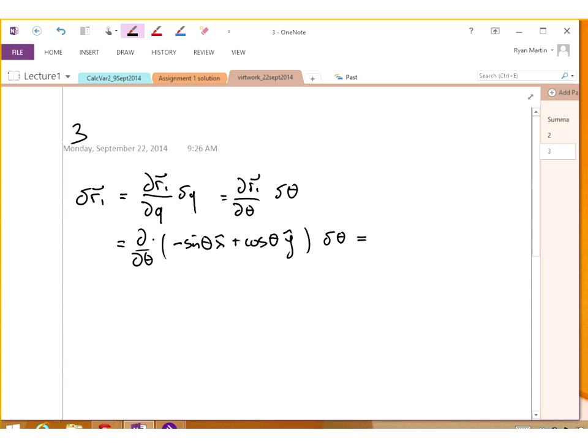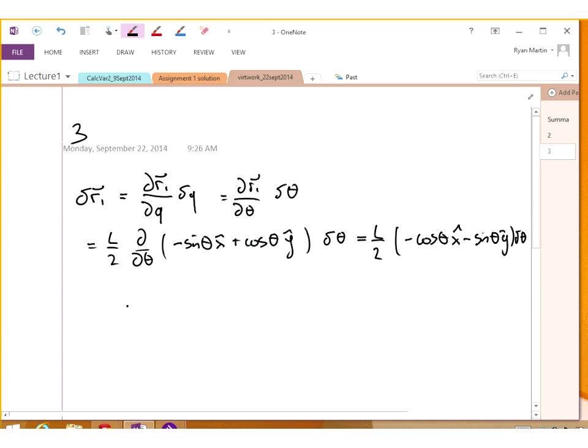Oops, and sorry, I forgot the L over 2 here at the front. I'll just put it in front of the derivative because it's a constant. So that's L over 2 times minus cos theta x hat. And the derivative of cos theta is minus sine theta. So it's minus sine theta y hat delta theta.